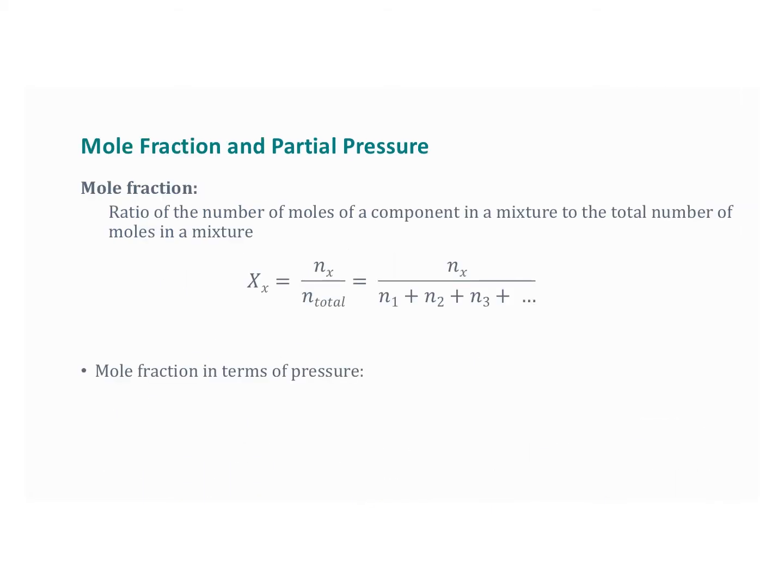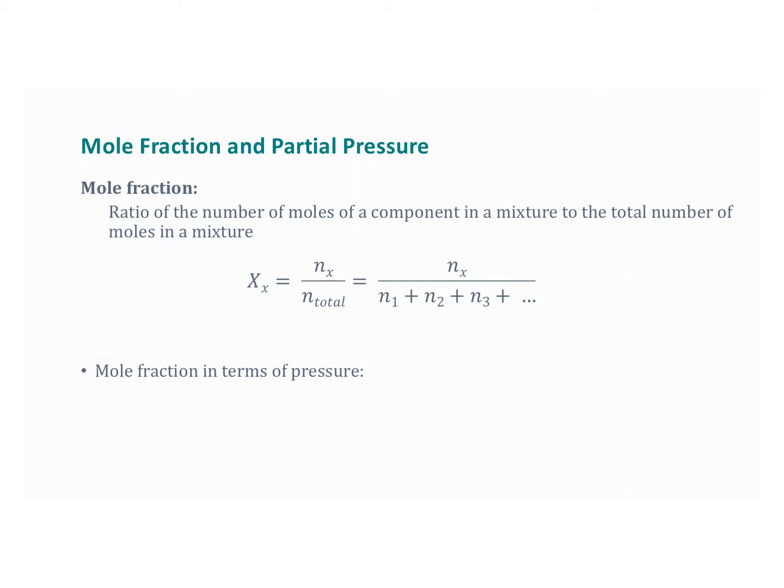So let's look at mole fraction for just a second. The ratio of the number of moles of a component in a mixture to the total moles in a mixture is called mole fraction. And that's represented with an X. And we can say, whichever individual component that we're interested in over the total gives us the mole fraction.